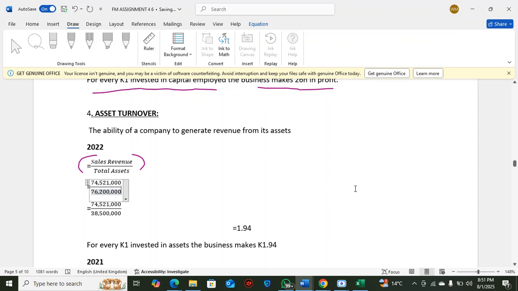So we divide our sales revenue for 2022, which was 74,521,000, by 76,200,000.